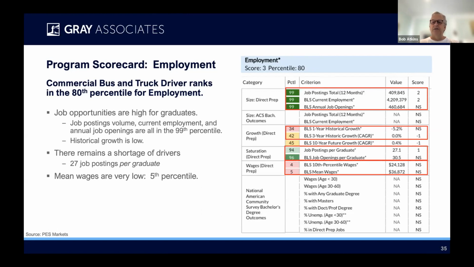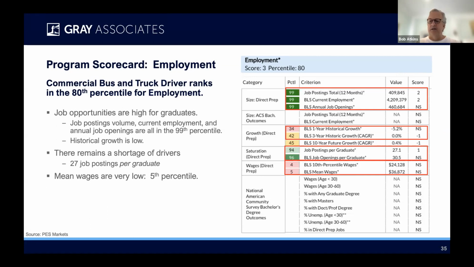Now, the next question is, right now, do we have enough graduates to fill the jobs? The answer is a resounding no in trucking. 27 jobs per graduate of a CDL program; BLS job openings, 30. So for every person graduating, there are 27 to 30 jobs available.